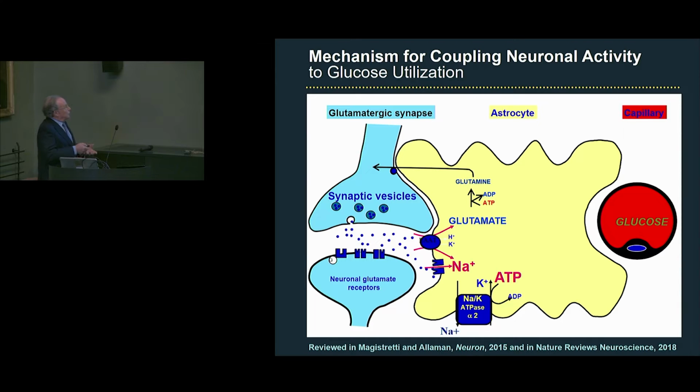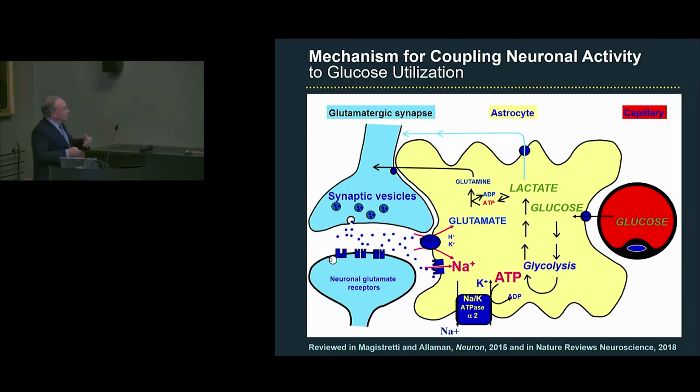So essentially, sodium increases in the astrocyte, and like in any cell, the homeostasis of sodium is reestablished by the activity of the sodium-potassium ATPase, in particular the alpha-2 subunit. So whenever astrocytes take up glutamate, they have to spend energy. And this will activate, like in any process in cells that are exerting activity, the uptake of glucose through different mechanisms, essentially transporter and phosphorylation.